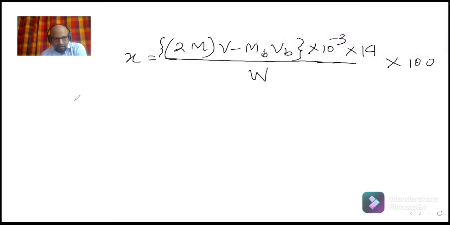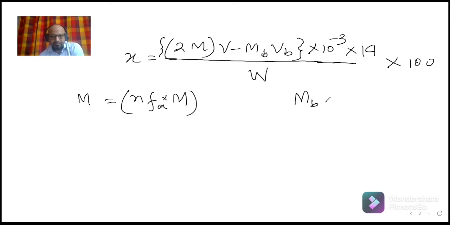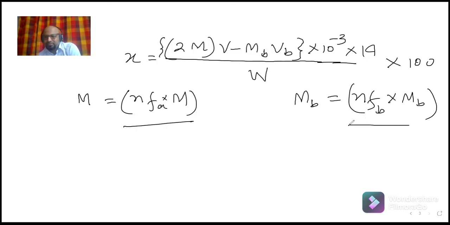See, the final concentration of acid will be n factor of the acid into molarity, and the concentration of base will be n factor of the base into molarity. So now the molarity of acid will be replaced by this and the molarity of base will be replaced by this.